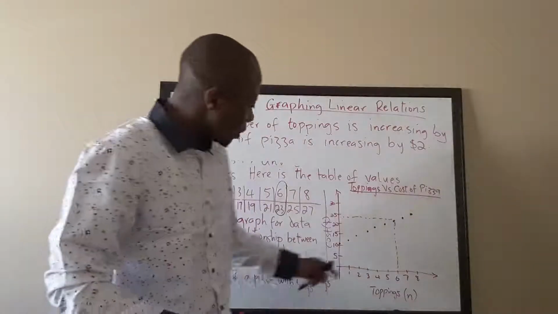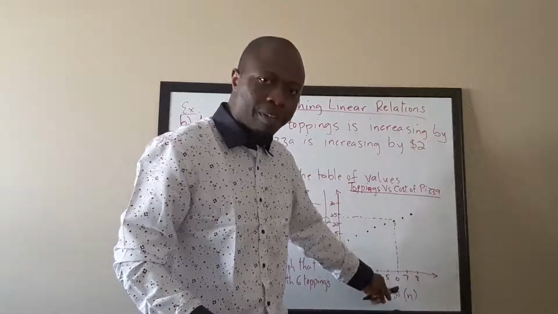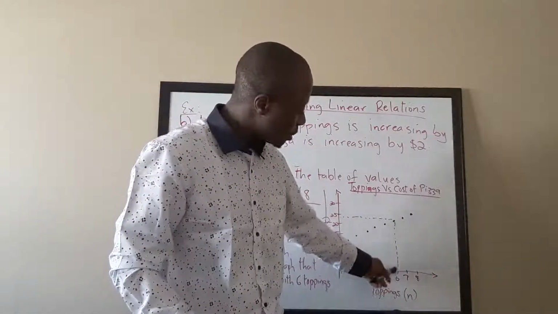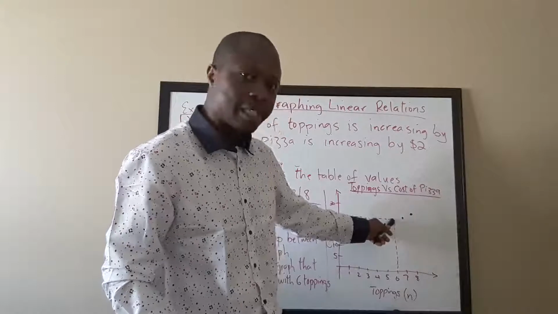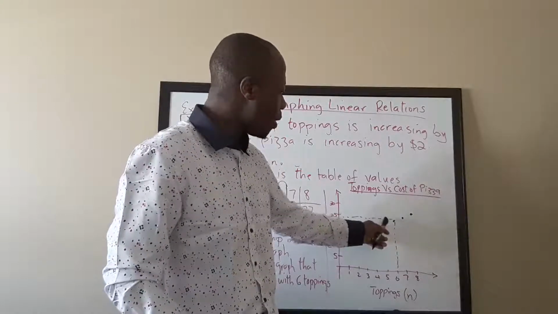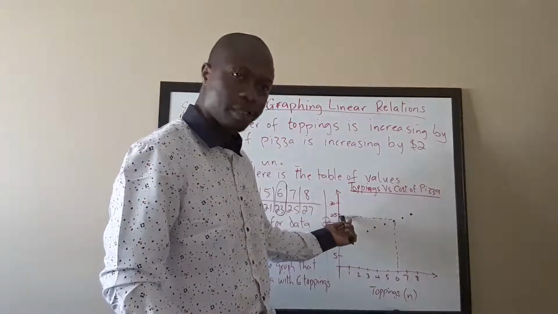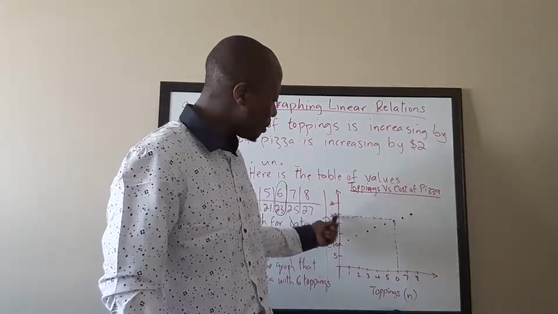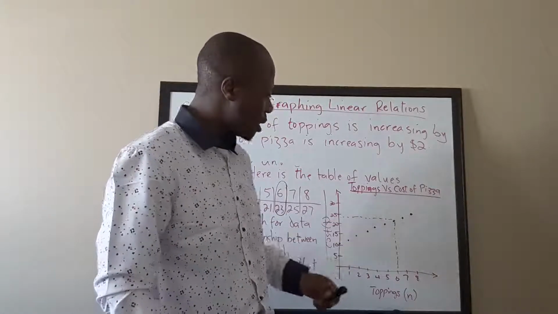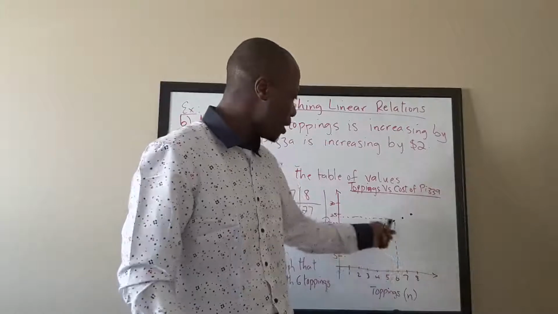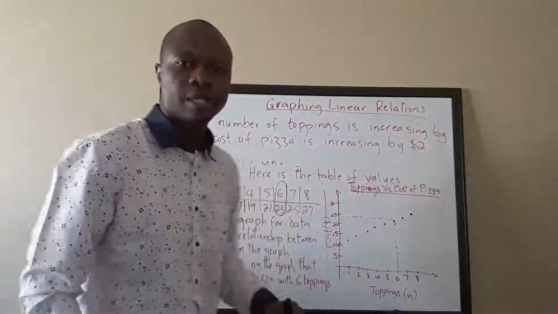Exactly. So this means that when you're having 6 toppings, I'm going to go up there. I'm catching this dot and tracing it all the way to the left. I'm going to get 23 right here. So when you have 6 toppings, you have $23 to pay.